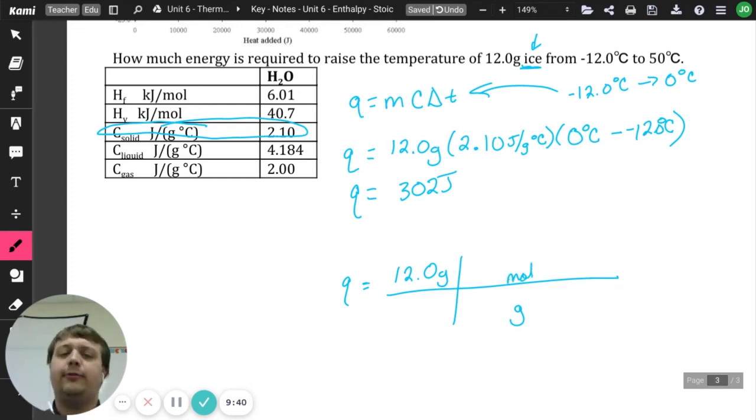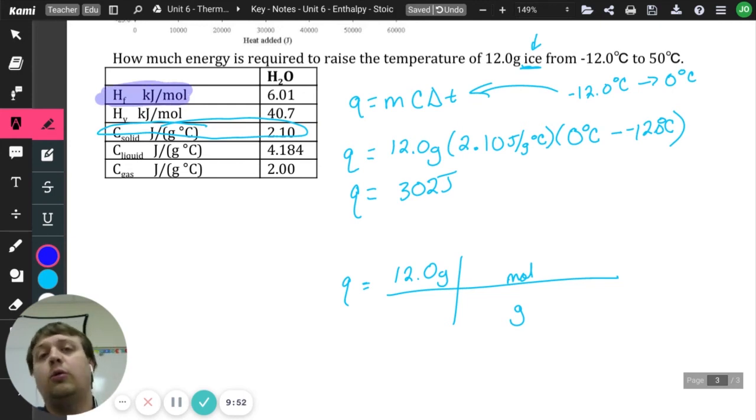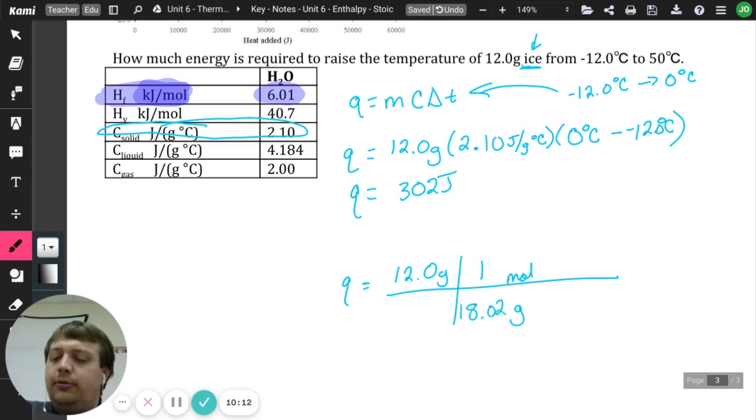Now, why am I doing this? Well, I'm using my heat of fusion, which is again up here in this table. The heat of fusion is for going from solid to liquid or from liquid to solid. And they tell us the heat of fusion is 6.01 kilojoules per mole. That gives me a way to convert from moles of substance into kilojoules. First off, I'm going to have to find the molar mass of water, which is 18.02.